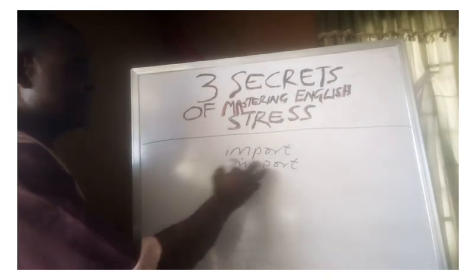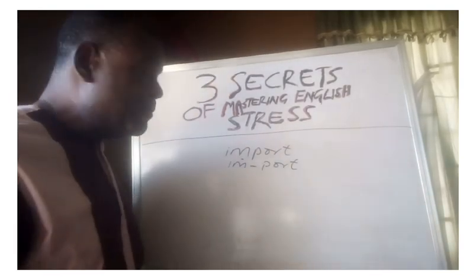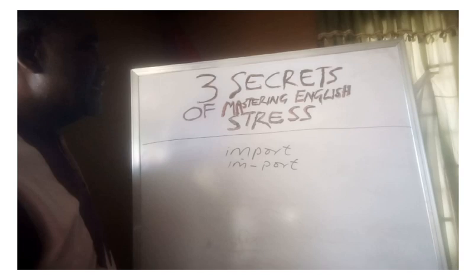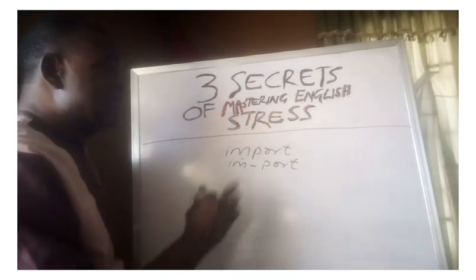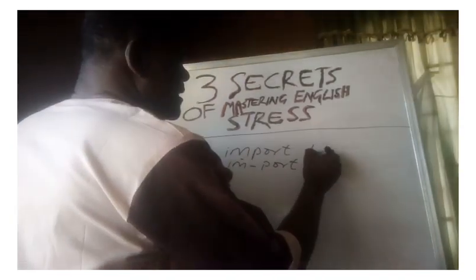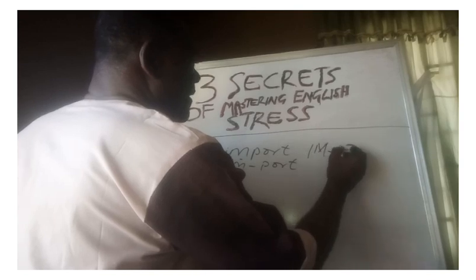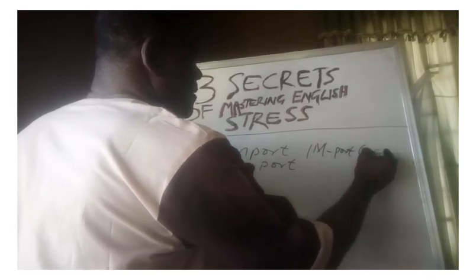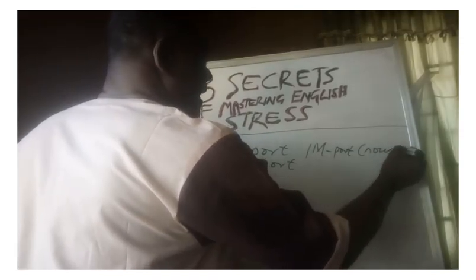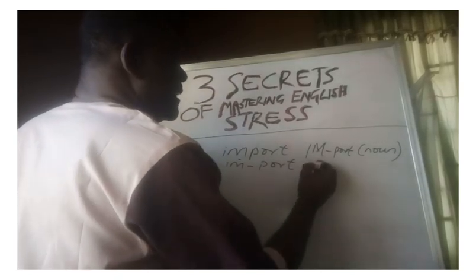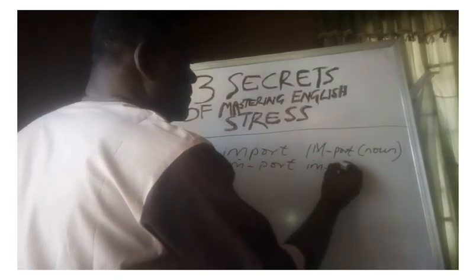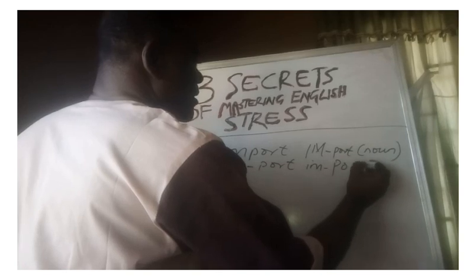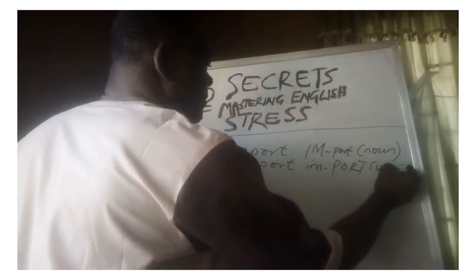And then stress is placed on one of these syllables. If the word is used as a noun, the stress will be on the first syllable. And if we use it as a verb, the stress will be on the second syllable.